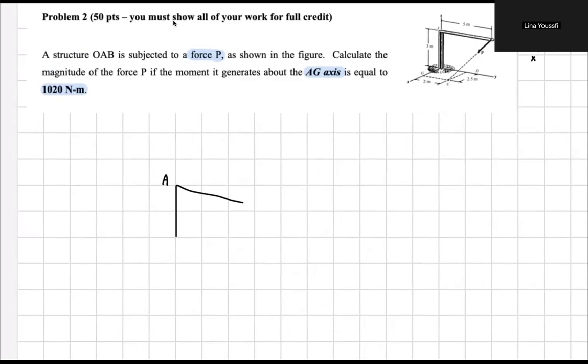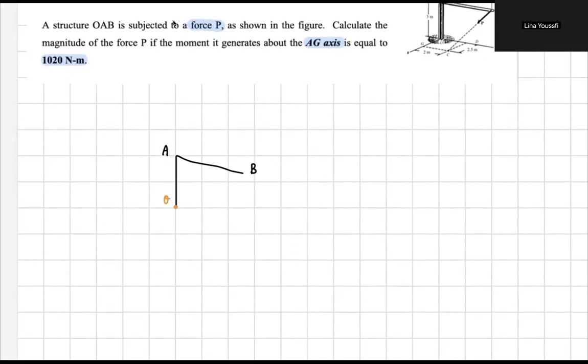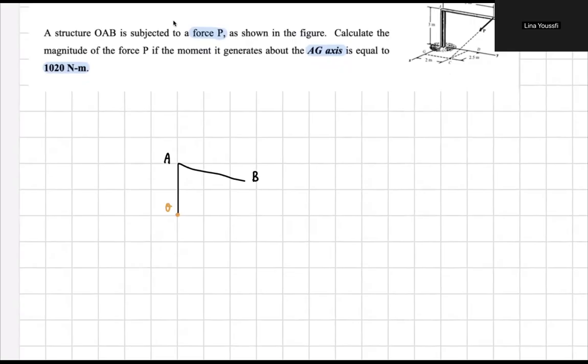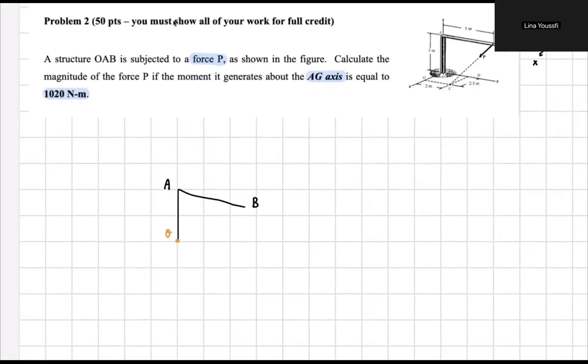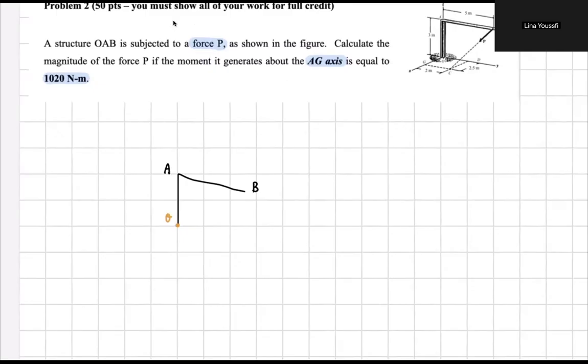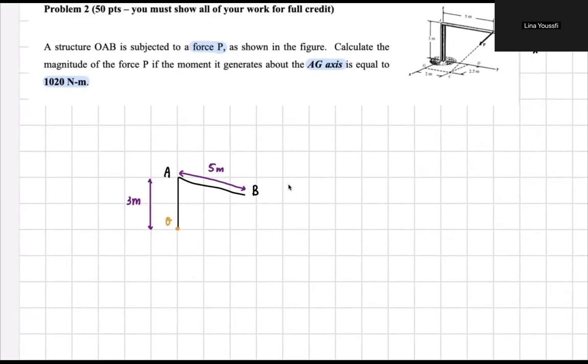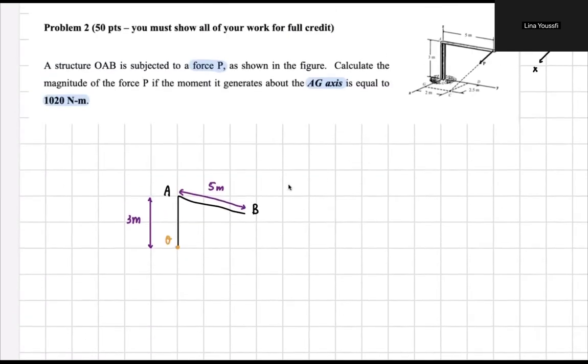So we have A, we have B, and then this is our origin. This is going to be 3 meters, and this is going to be 5 meters.